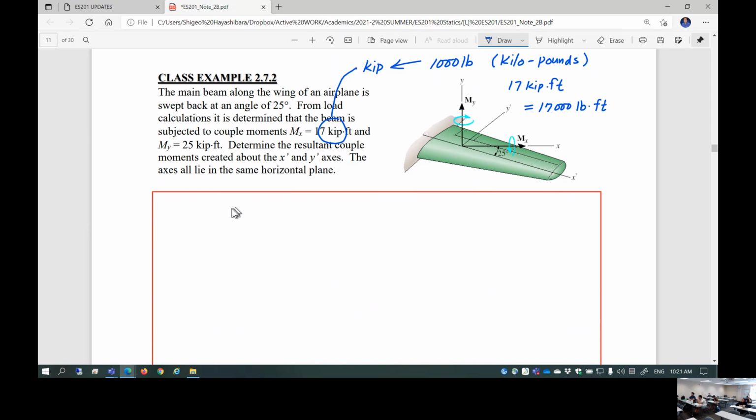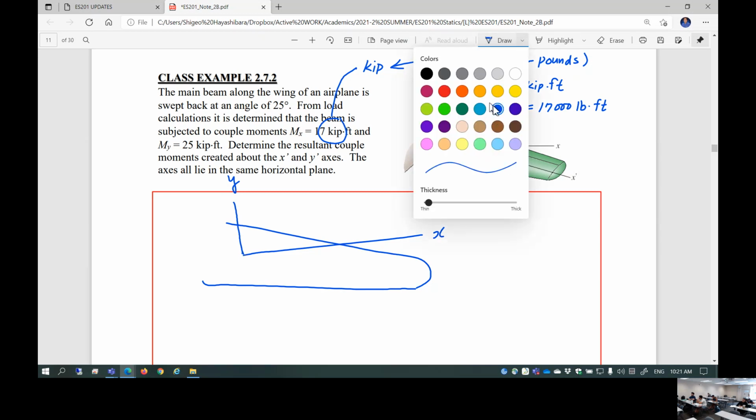So first of all, let me try to sketch that. So this is a wing. The great thing about it is everything is lying on the XY plane anyways. So first of all, I'm going to draw X and Y. So this is Y and X. And then this thing is rotated by a certain degree.